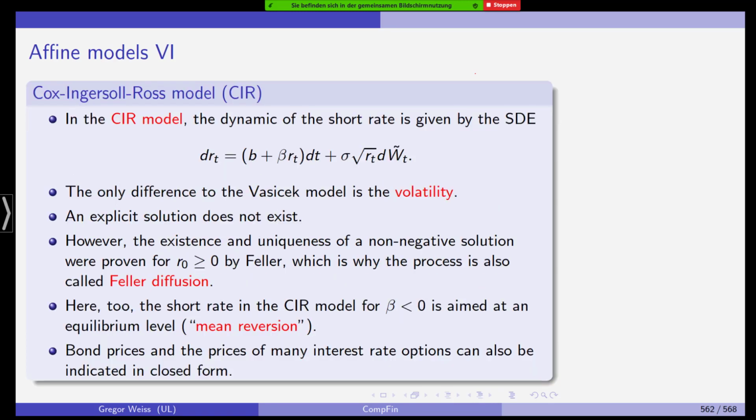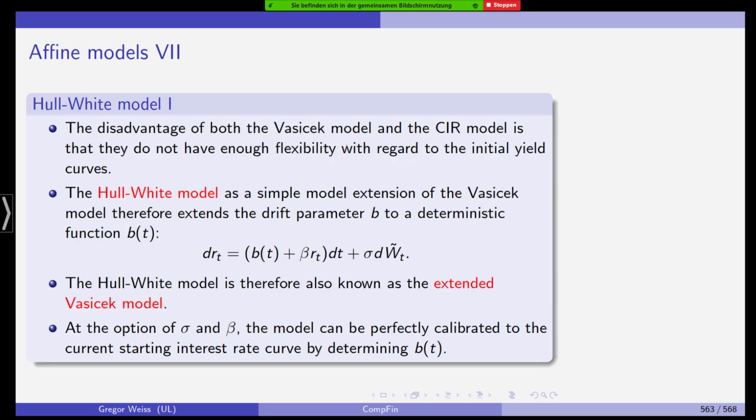And the Cox-Ingersoll-Ross model. It's interesting to see that this is actually a slightly different diffusion process, and we now have an additional volatility here in the diffusion component, and it's characterized by mean reversion. And we also have a short description of the Hull-White model.